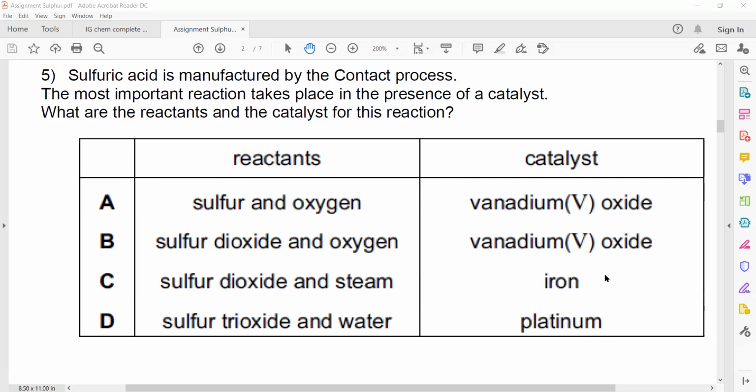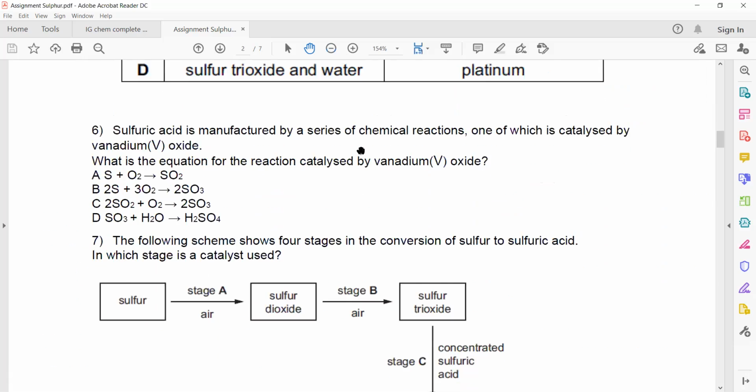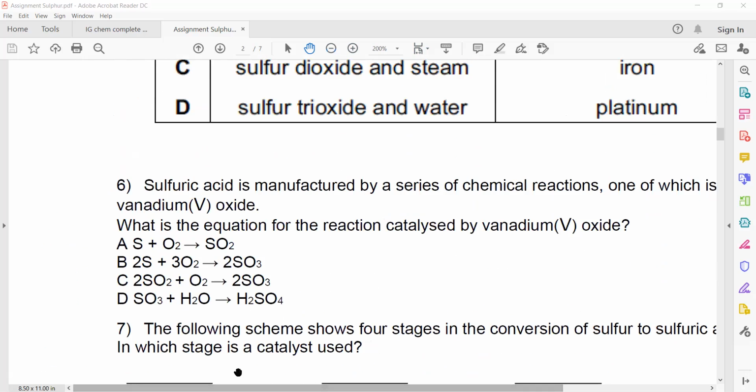So the process, yes, that's right, B, which involve the reversible reaction when sulfur dioxide and oxygen and vanadium pentoxide is a catalyst. Iron is a catalyst for Haber's process for manufacture of ammonia.